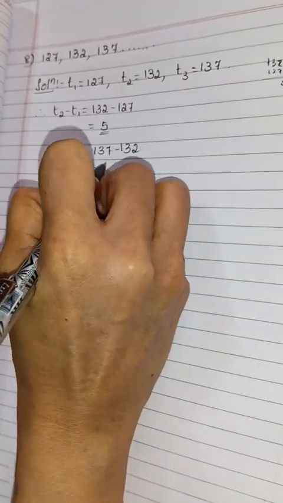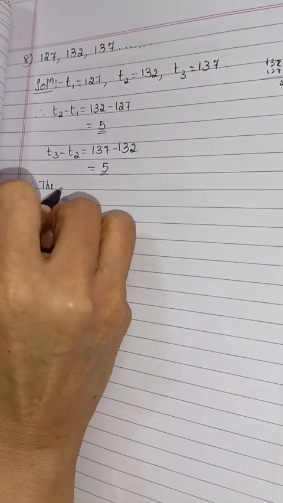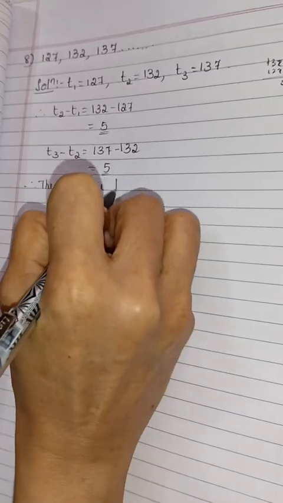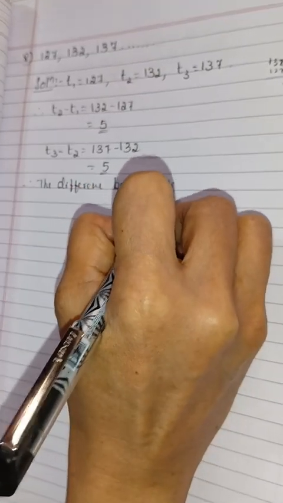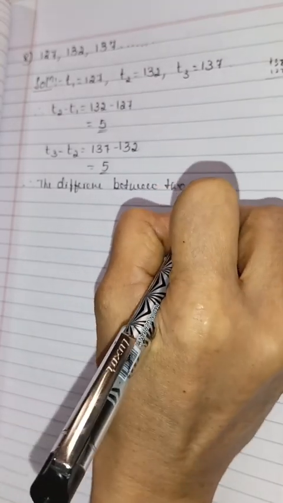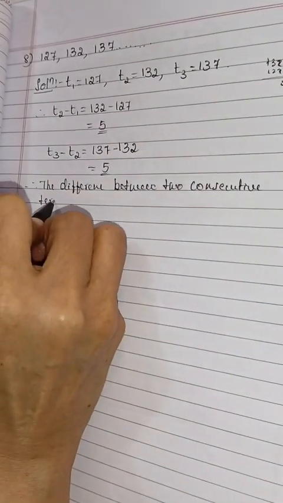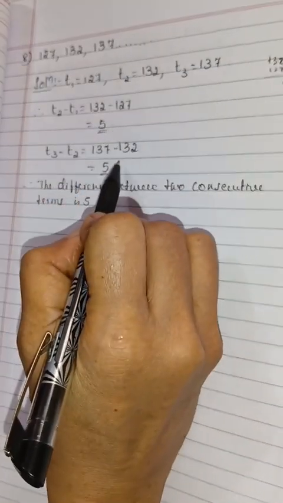That is 5. Therefore the difference between two consecutive terms is 5. Here it is 5, here it is 5.